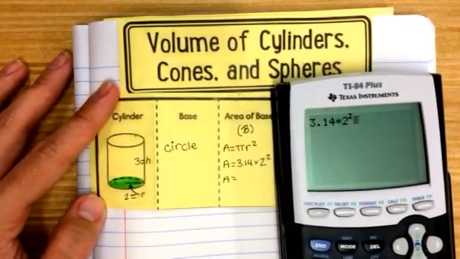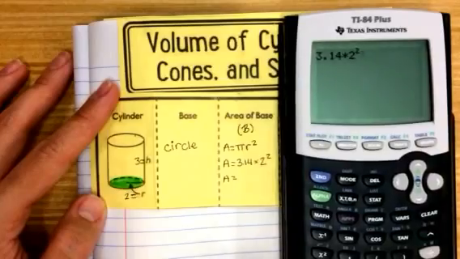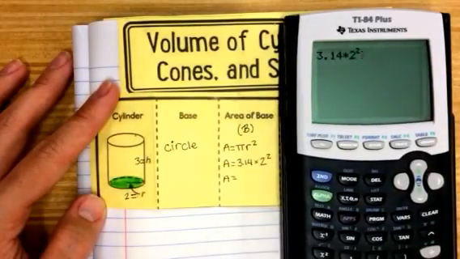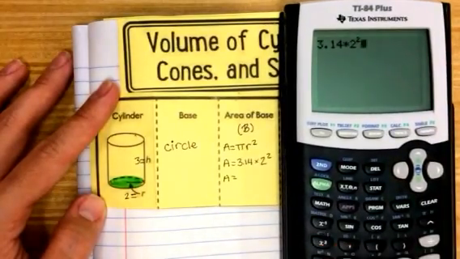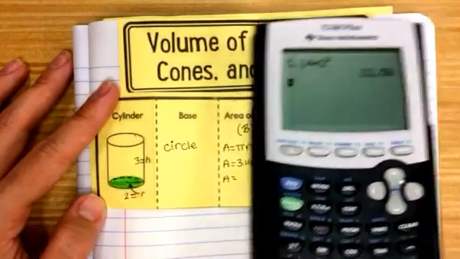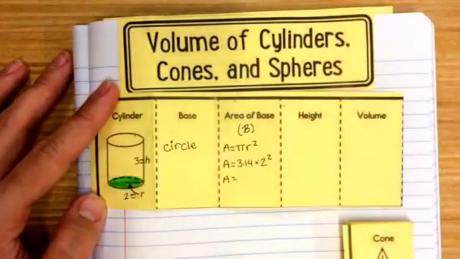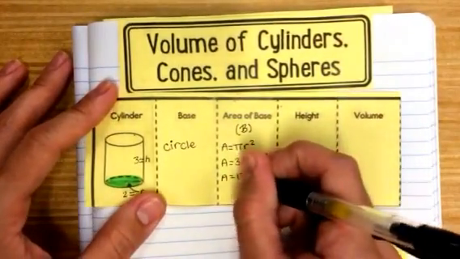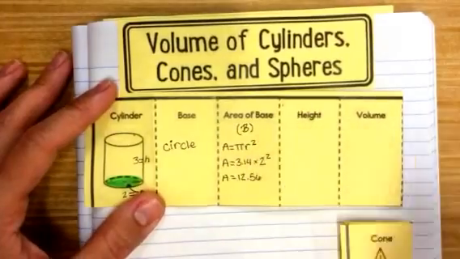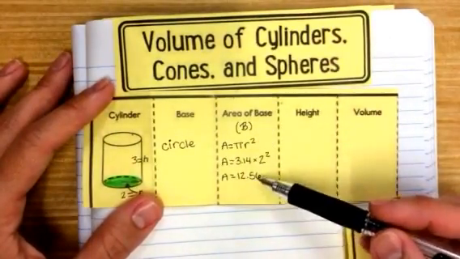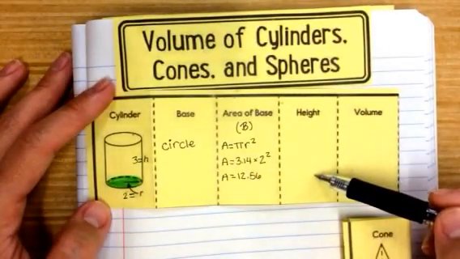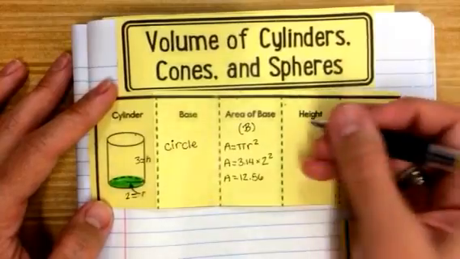Don't forget that the square button on the calculator is right here. There it is. And we get 12.56. So we found the area of the base. The next thing we need to identify is the height, which is 3.